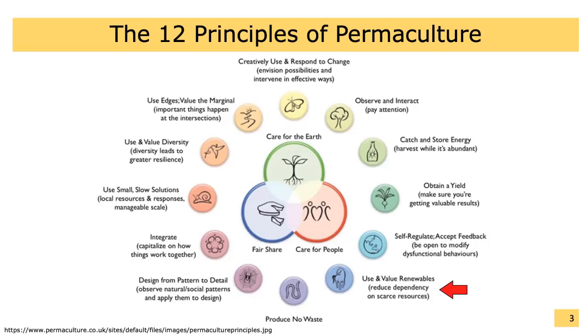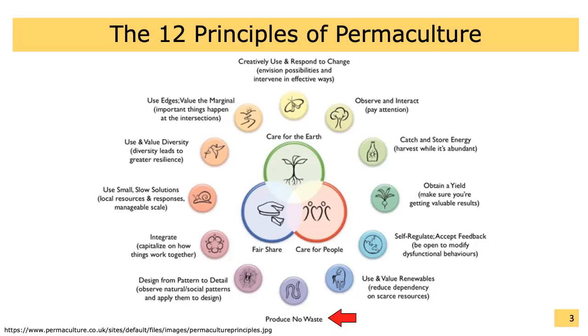Use and value renewable. Renewable energy such as solar, wind, and hydro should be incorporated in permaculture in order to reduce our reliance on non-renewable energy sources. This is a natural step towards achieving sustainability.